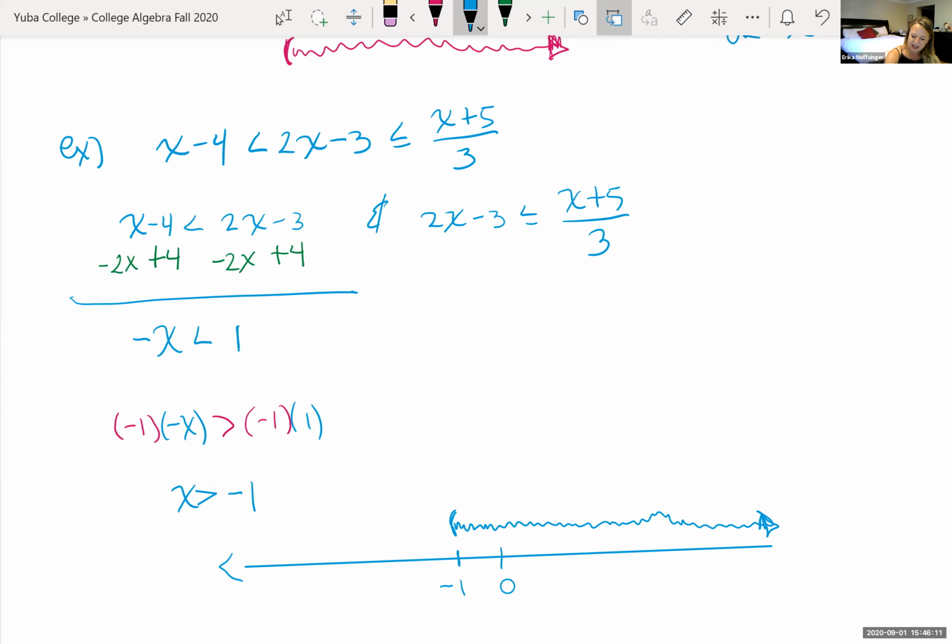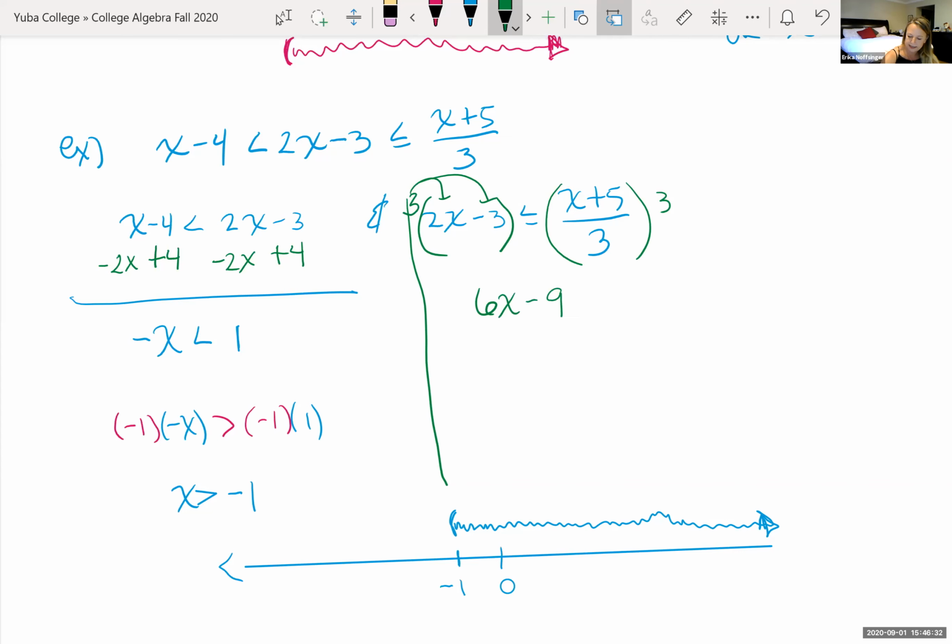Okay, so looking at the other inequality, let's first clear the fraction. So let's multiply both sides by 3. So let's distribute the 3 on the left. So we get 3 times 2x is 6x, minus 3 times 3 is 9, is less than or equal to x plus 5.